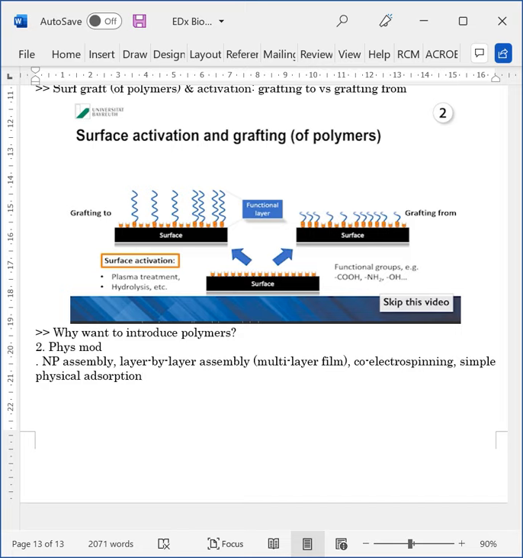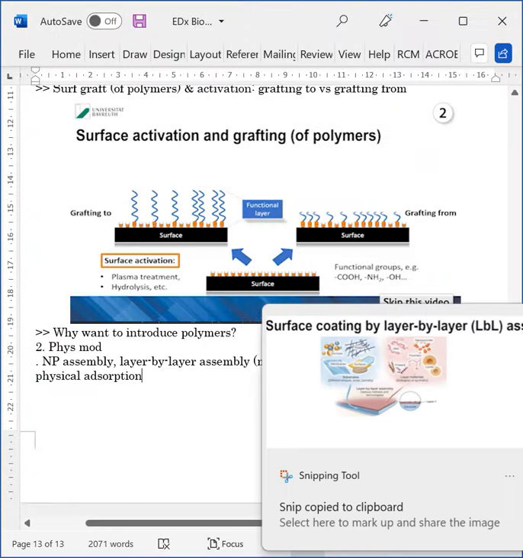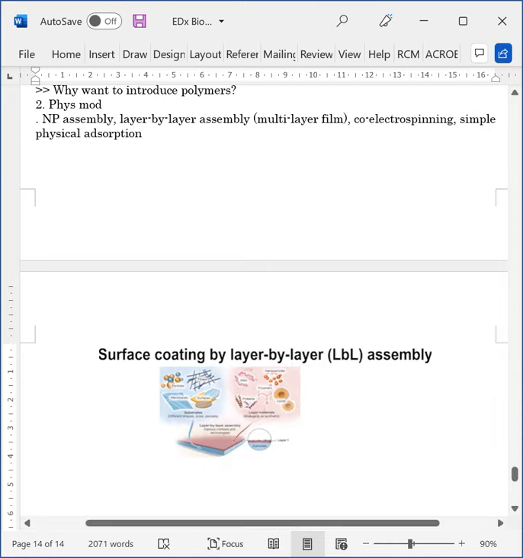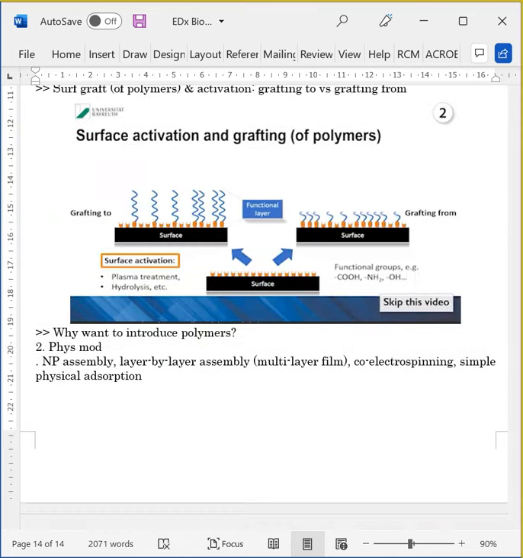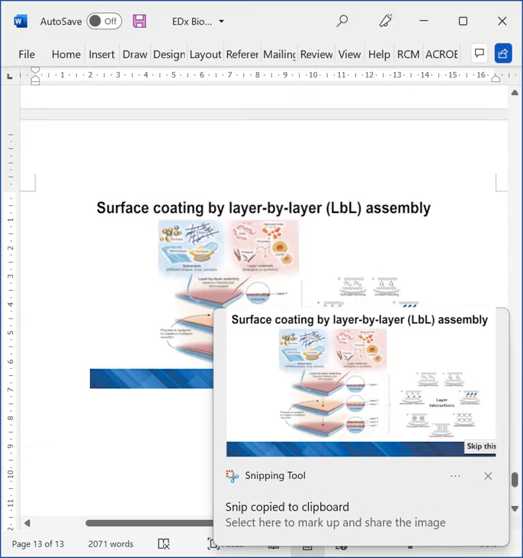We put this layer on top of a film or the surface, and then we immerse it into an oppositely charged system, negatively charged polymers, for example, and then we repeat this process until we have the desired number of layers. And this layer number also determines the surface properties quite a bit, because we can adjust the thickness, but also the porosity and all these kinds of things. As I said before, we can use electrostatic interactions, but also hydrogen bonding, for example, or other host-guest kinds of interactions.